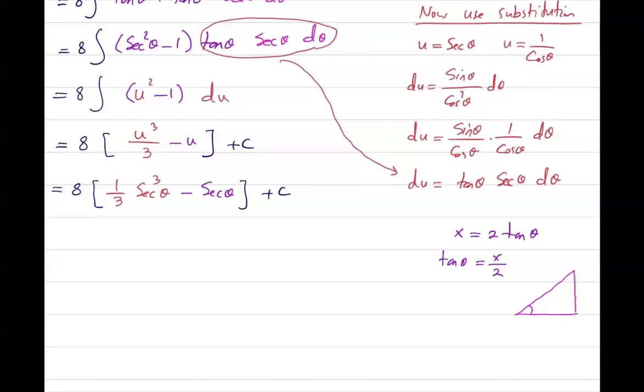This is my theta, my x, and then my 2. So this guy, the hypotenuse, is basically the square root of 4 plus x squared.